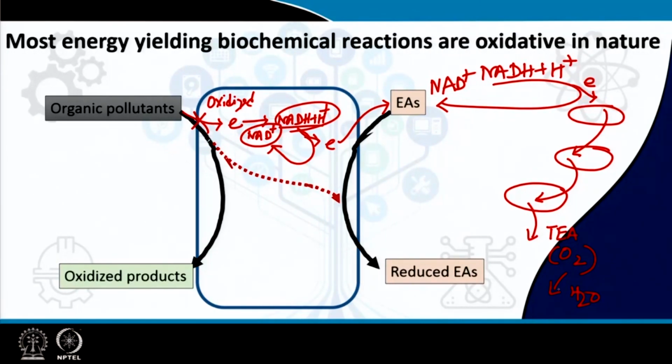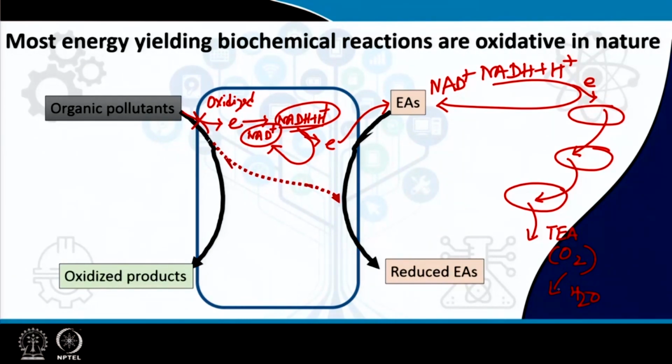BOD refers to the biological oxygen demand, and it indicates the organic pollutant load. If you have a higher amount of organic pollutant, the oxygen will be consumed more, so the oxygen level will fall quickly. The drop in oxygen level gives you some idea of how much organic pollutant was there.